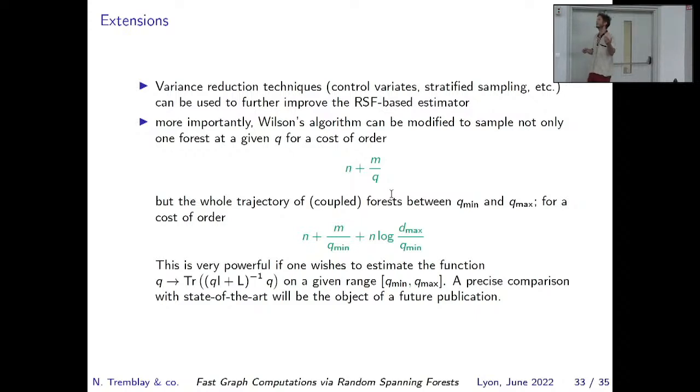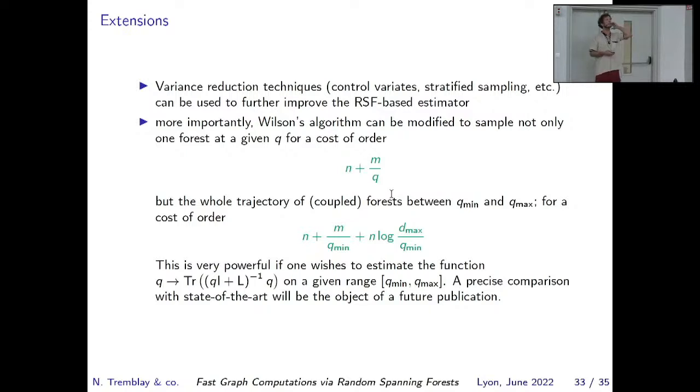I mean, n log d max is usually smaller than m, the number of edges. So with an almost trivial additional cost, you can actually sample a forest on a continuous interval between q min and q max, such that you can, for instance, have access to an estimation of the whole function on a given range using exactly what I've shown you.